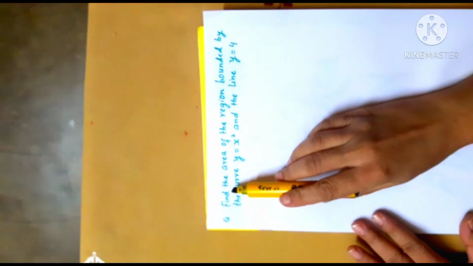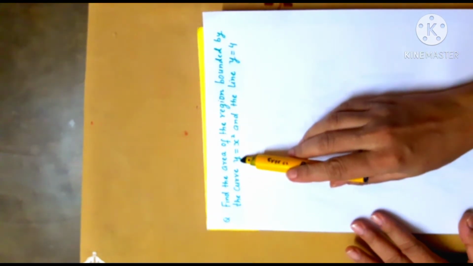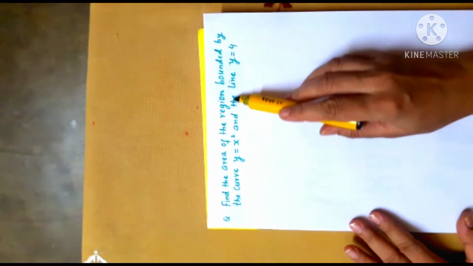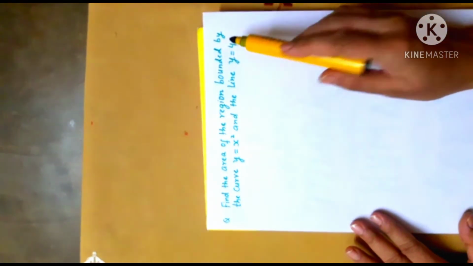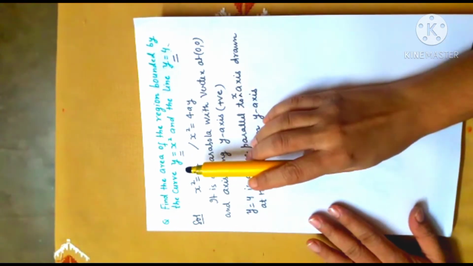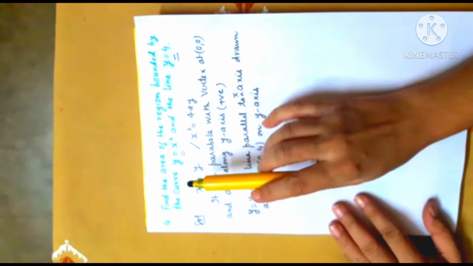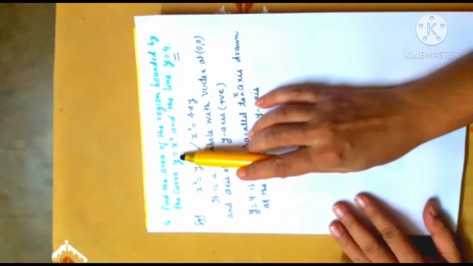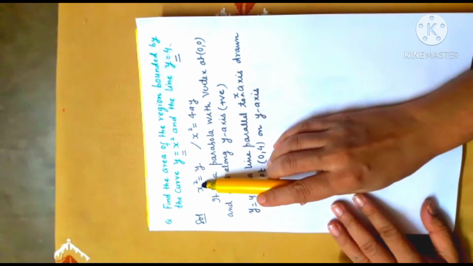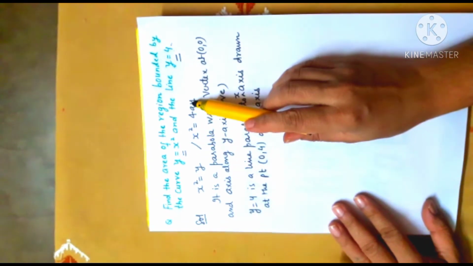Next question is, find the area of the region bounded by the curve y equals x square and the line y equals 4. Yes, first we will draw the figure, and for that we need to identify the curves. Yes, the curve is y equals x square, that is x square equal to y. It is of the form x square equals 4ay.